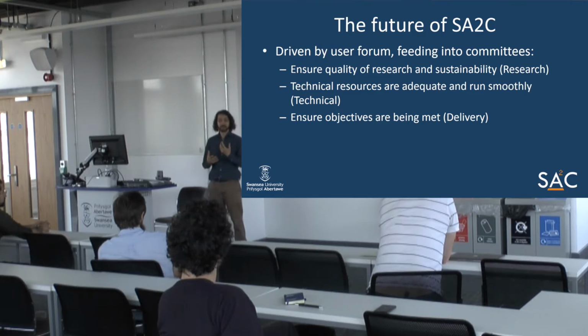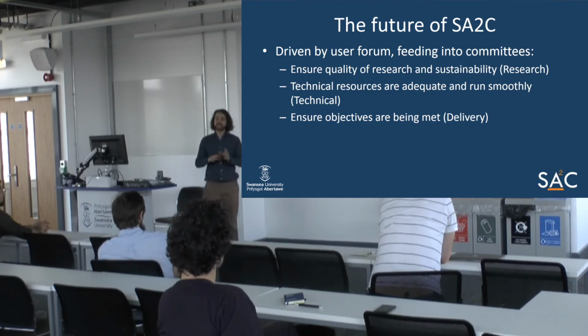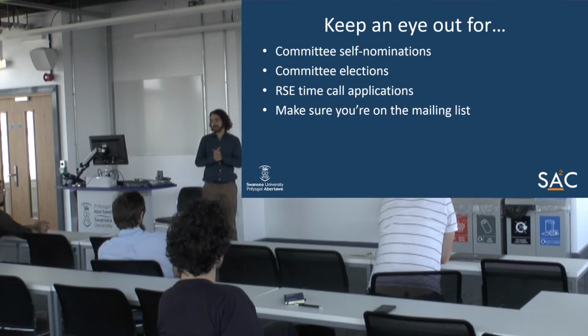There'll be an election process, so there'll be initially a nomination followed by, if necessary, an election process for all of that. We'll be sending emails out imminently for these two things, so please keep an eye out if you're interested in either. We'll send initially for self-nominations.